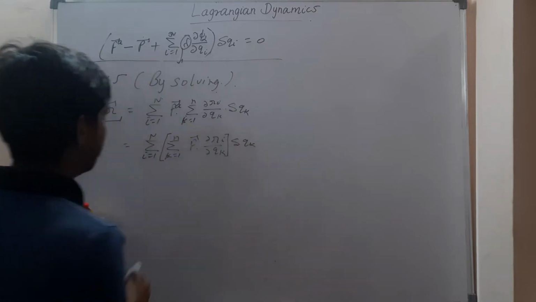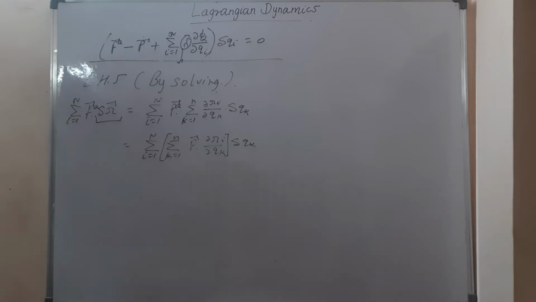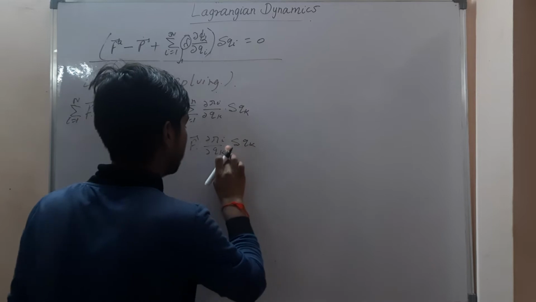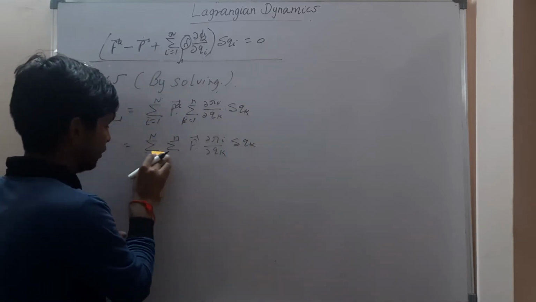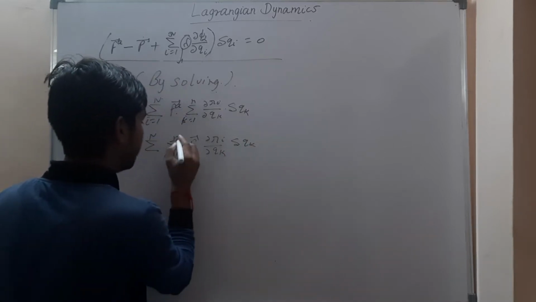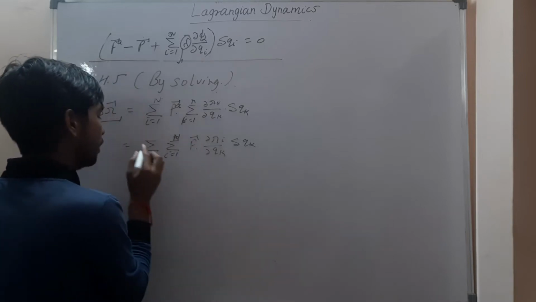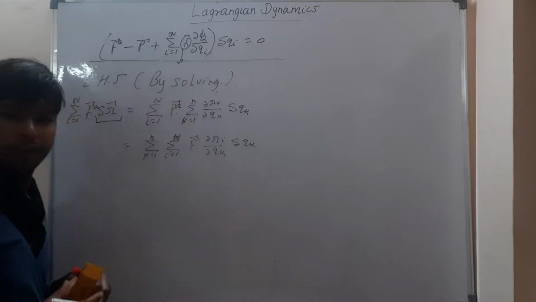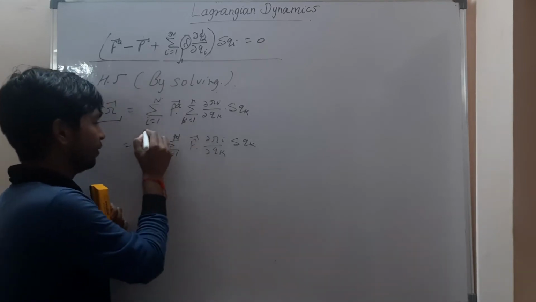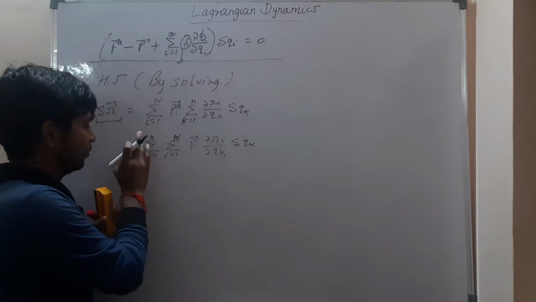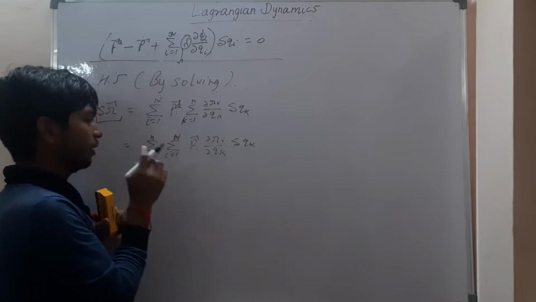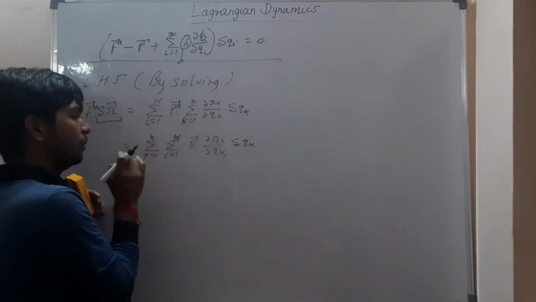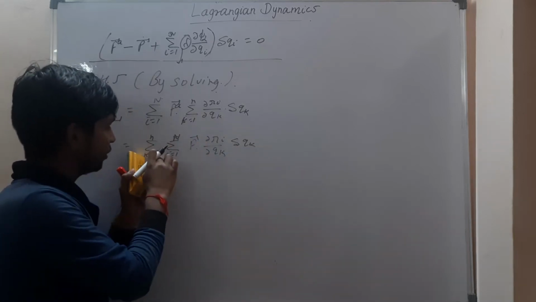I will keep the i part for particle 1 to capital N here, and if you are interchanging all these things, it won't affect, because the summation is telling us that k is changing 1 to n.